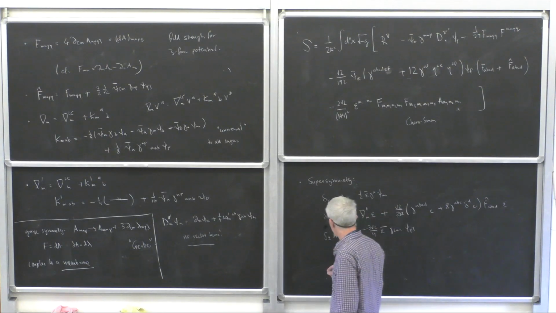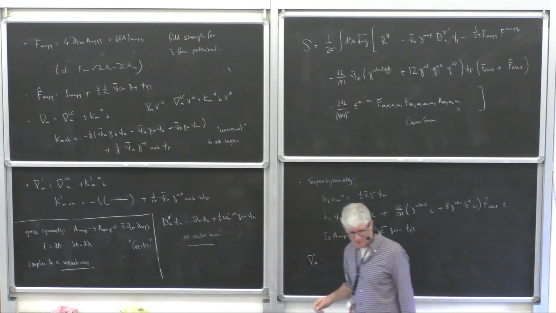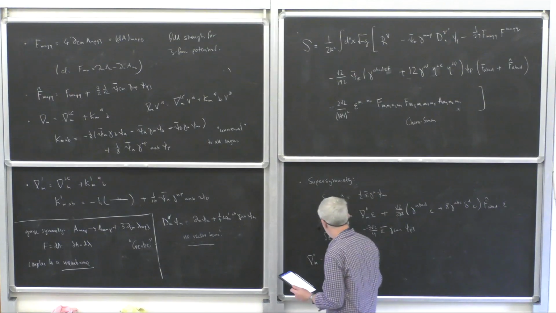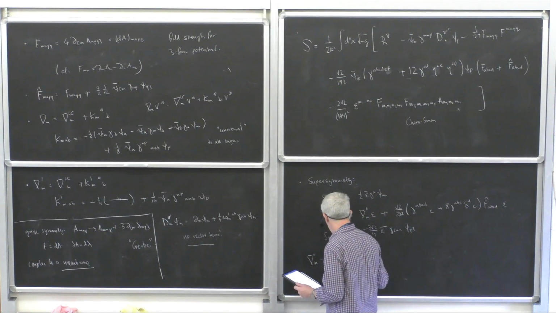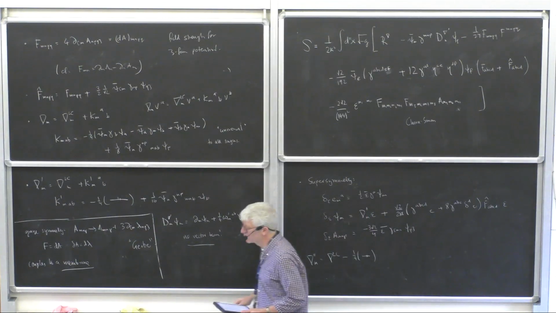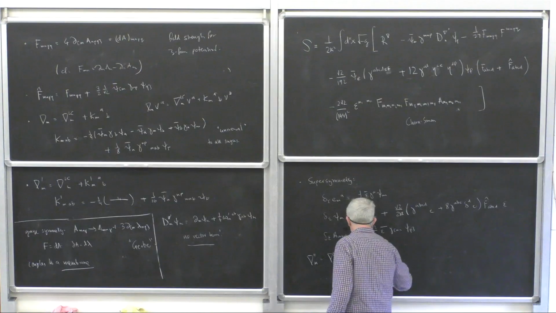And what's this connection? Oh, this is the Levi-Civita one minus, and it only has the quarter term. Sorry, let me write it slightly more precisely.